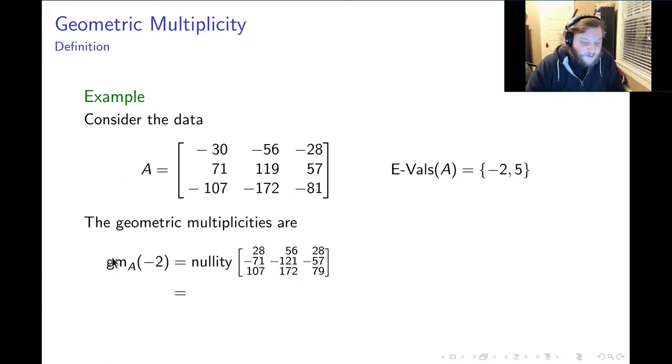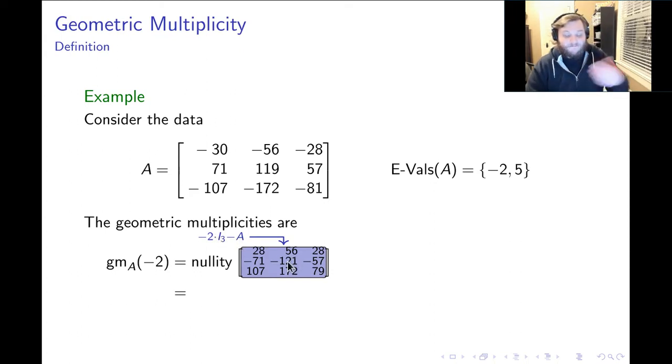So for the geometric multiplicity of -2 as an eigenvalue, I need to look at -2 times the identity minus A, and figure out whatever the nullity of that matrix is. I know it's guaranteed to be a number bigger than 0 because this characteristic matrix is required to be singular in order to even say in the first place that lambda equals -2 is an eigenvalue. So I know that I won't get 0. The question is, what number will I get? And I did the row reductions here, and I found that the geometric multiplicity ended up equaling 1. That is, the nullity of this characteristic matrix is 1.